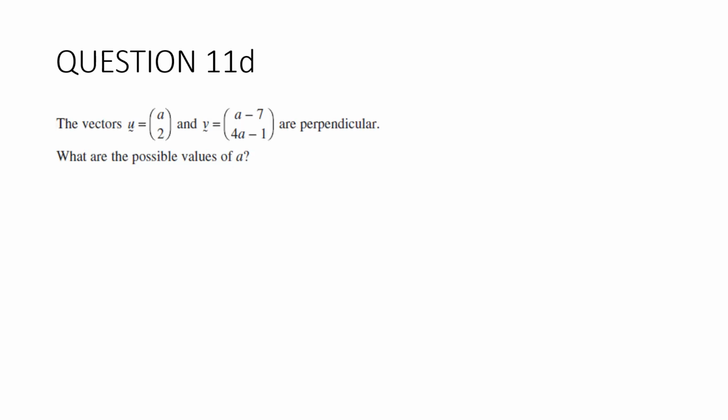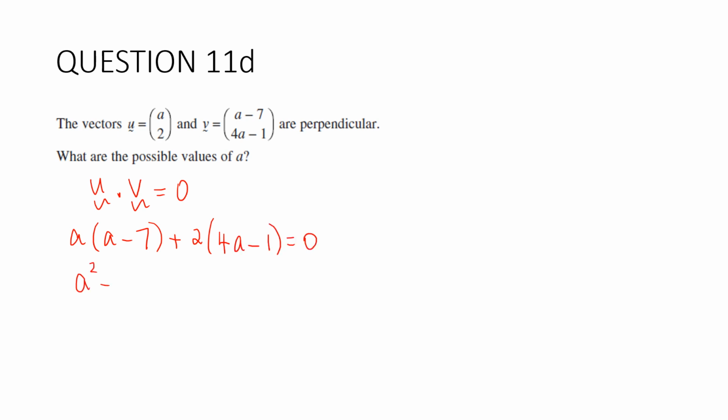Question 11d. The vectors u and v are perpendicular. What are the possible values of a? So remember, if perpendicular, it means the dot product is going to be equal to 0. So I'm going to go a times a minus 7 plus 2 times 4a minus 1 is going to be equal to 0, and we're going to get a quadratic. a squared minus 7a plus 8a minus 2 is equal to 0. a squared plus a minus 2 is equal to 0.